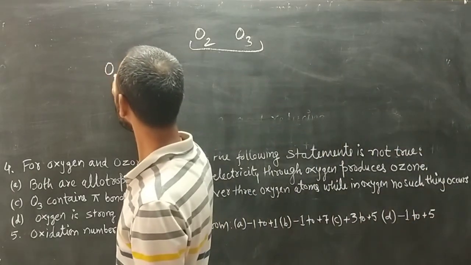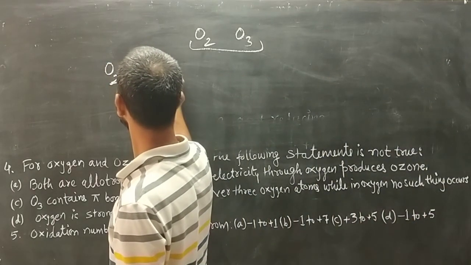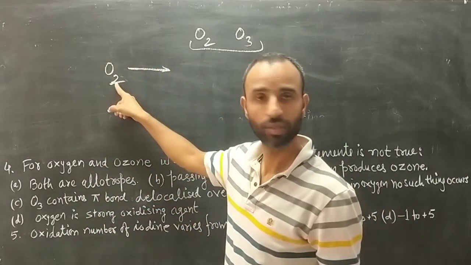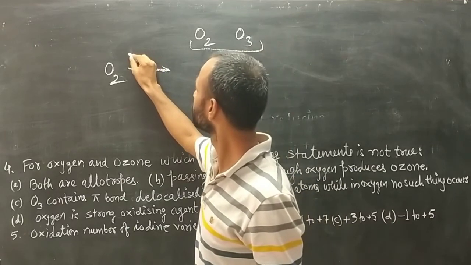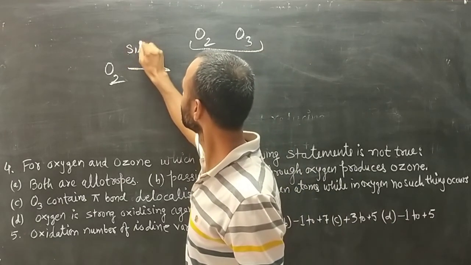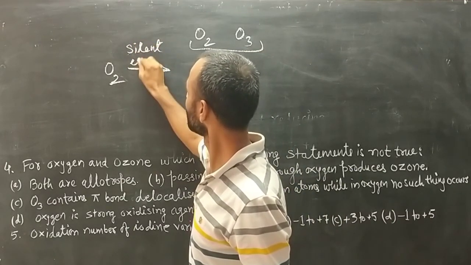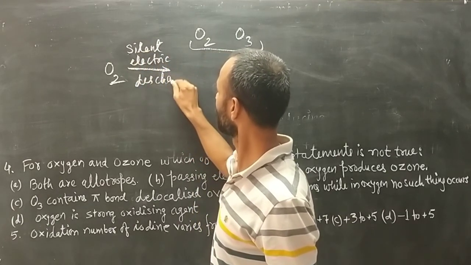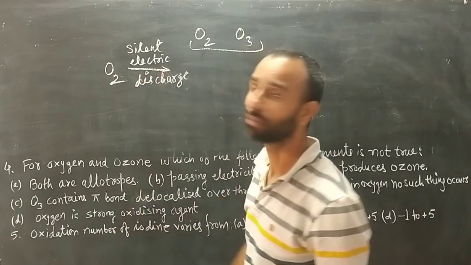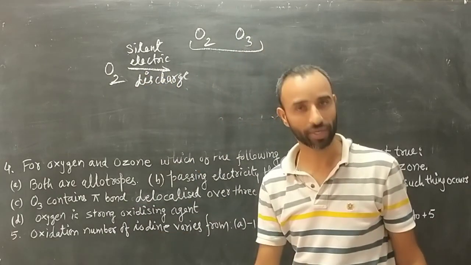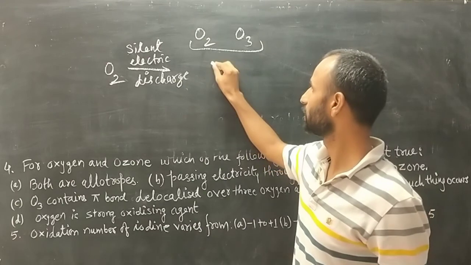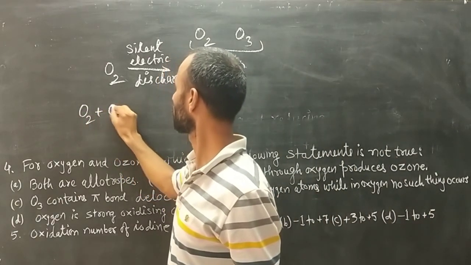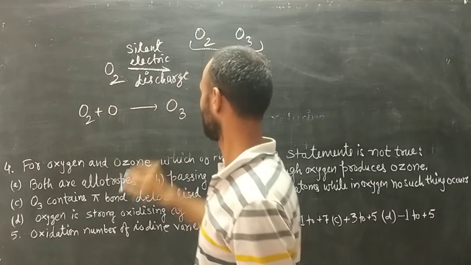So when silent electric discharge means sparkless electricity is passed through O2, it should not produce spark, right? Silent. So we get O, and then O2 reacts with O to give O3, right?